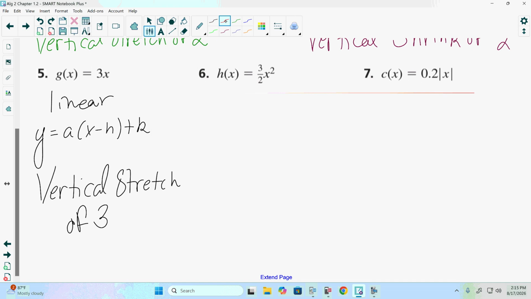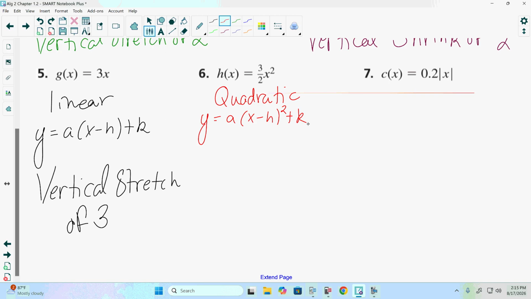Three halves x squared. Which parent? Quadratic. Left and right?